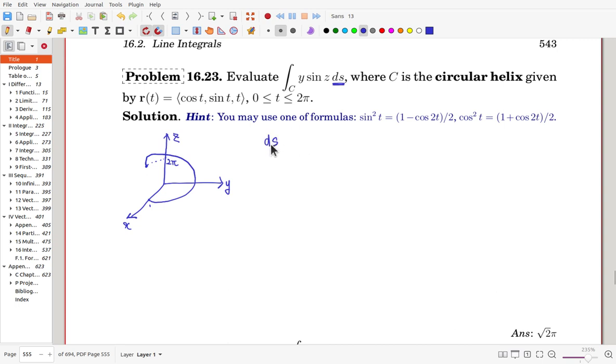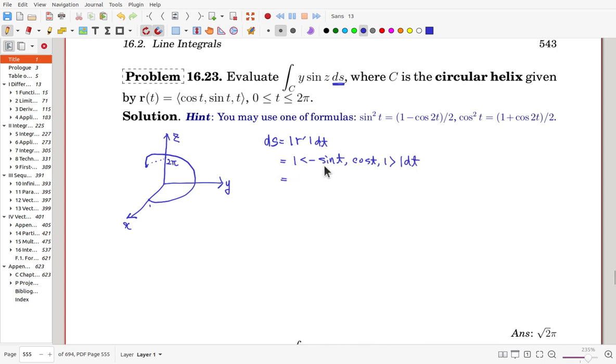Okay, ds is the same as the length of r prime times dt. What is r prime? R prime is the derivative of this one. So minus sine t, and sine t becomes cosine t, and t becomes 1, and dt.